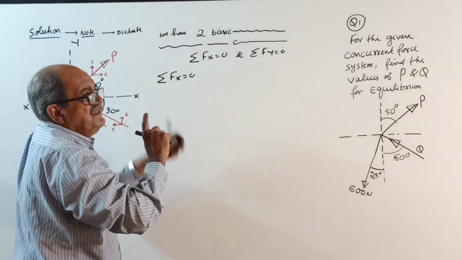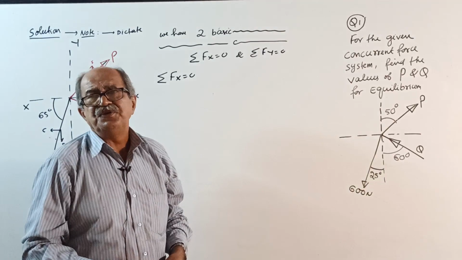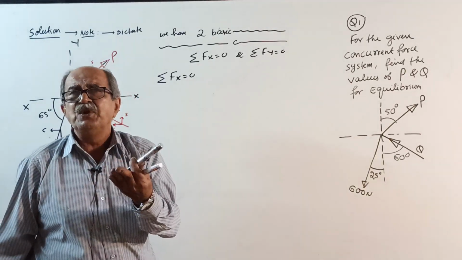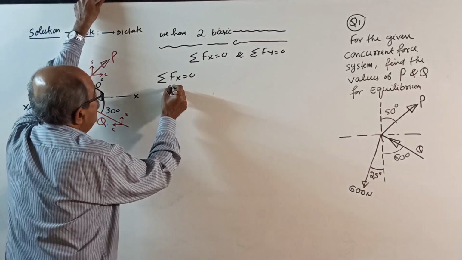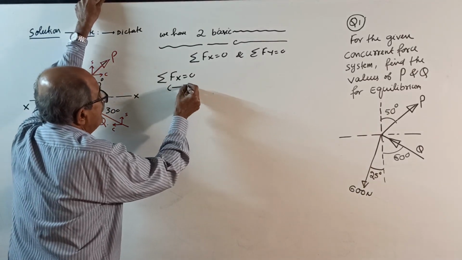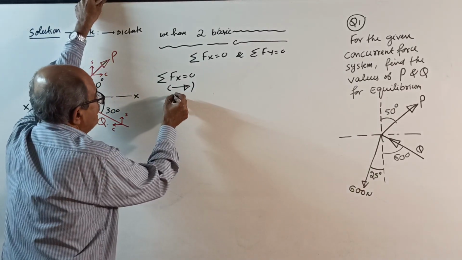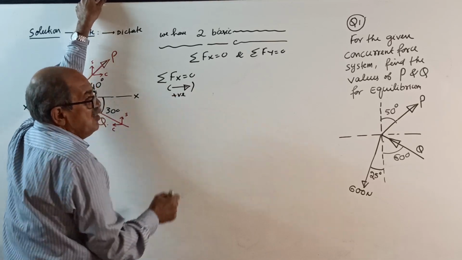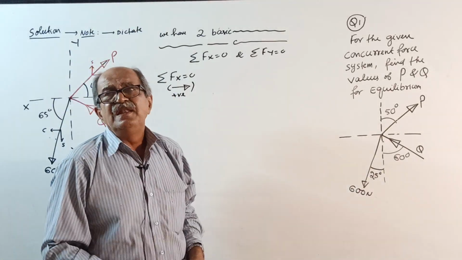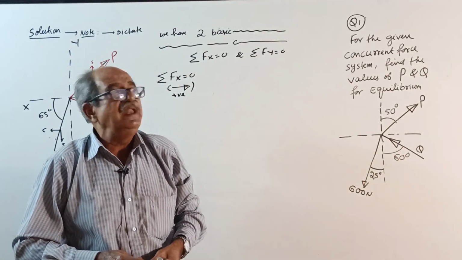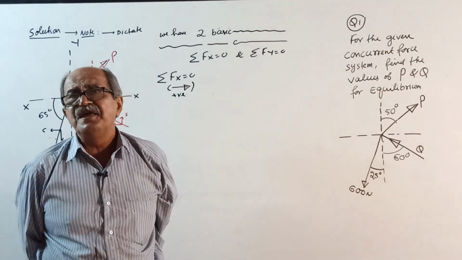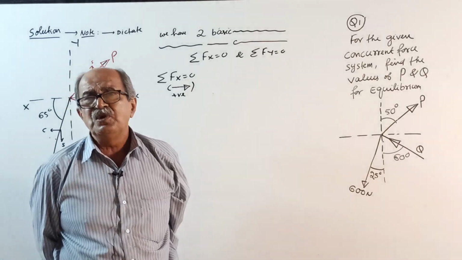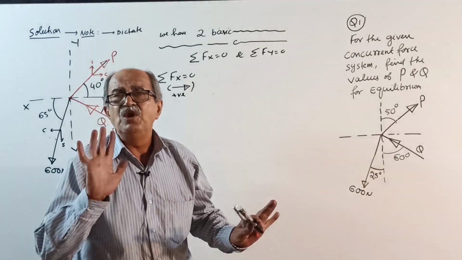For X, either right side positive or left side positive. You can take whatever you want, but usually in my class I take right side positive. What will happen if you take left side positive? Sometimes people give wrong answers. I will explain that later in a special class uploaded in between, about avoiding confusion for sign convention. One exclusive class I will take. Right now, believe me.